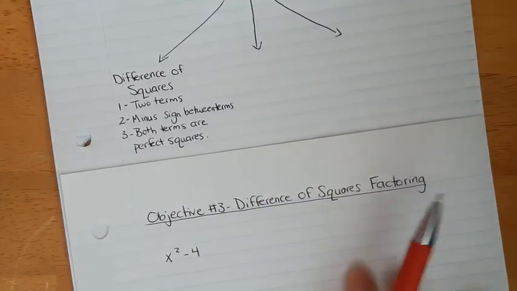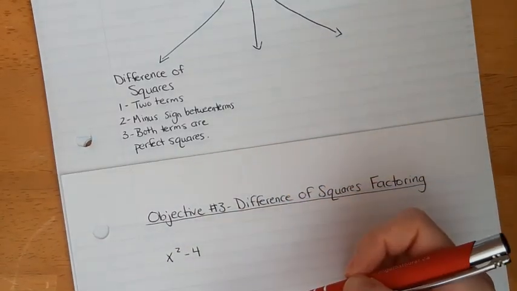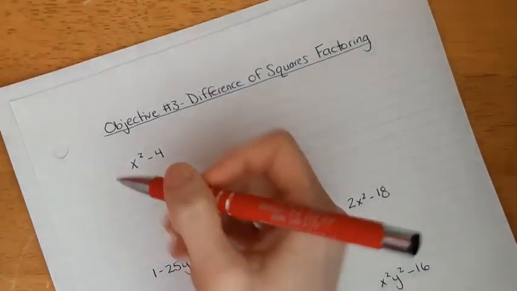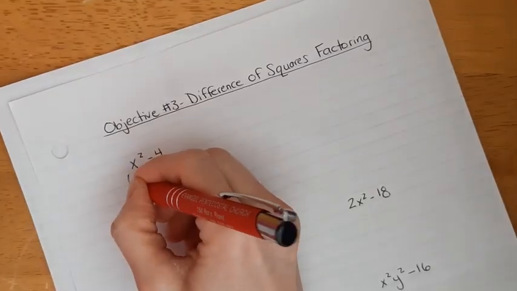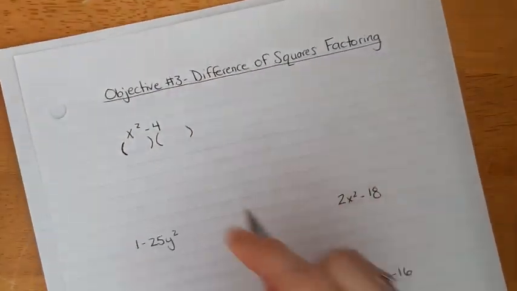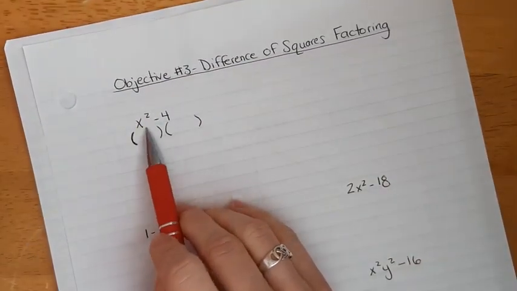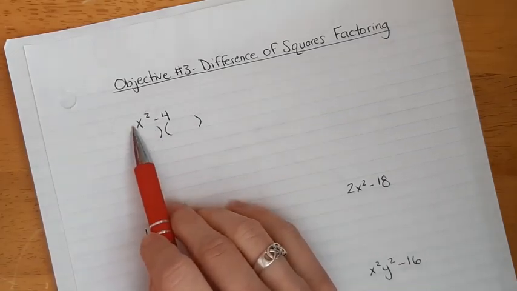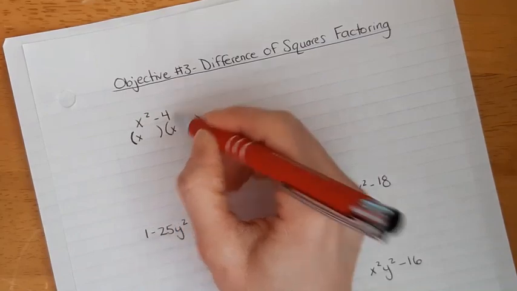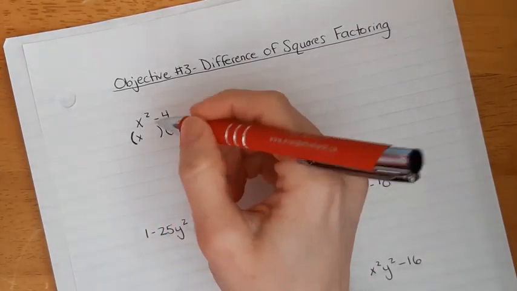Once you identify that, yes, this is in fact a difference of perfect squares, then what you do next is you set 2 sets of brackets underneath. Then you identify the square root of x squared, which is x. What is the square root of 4?